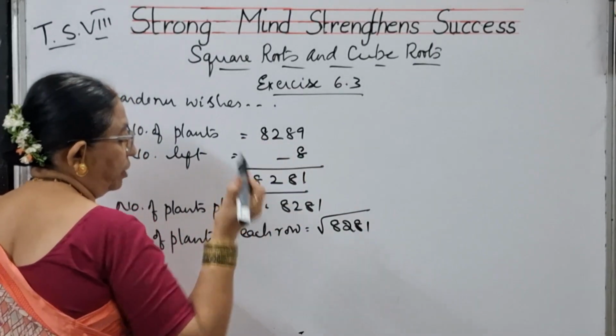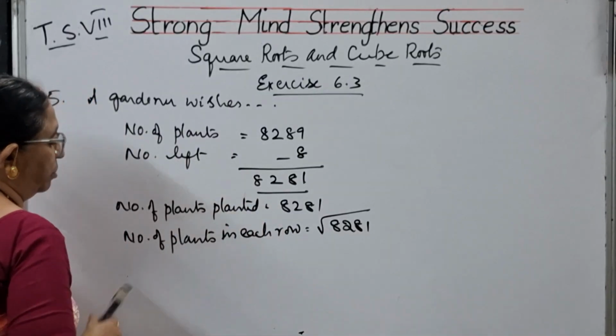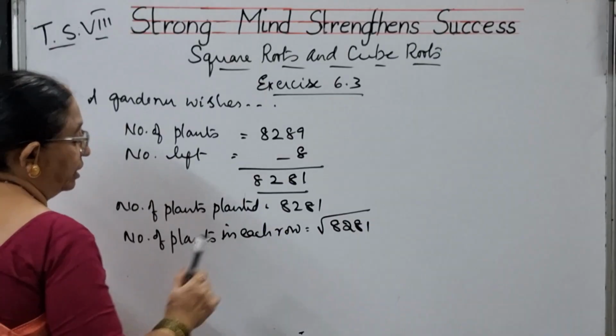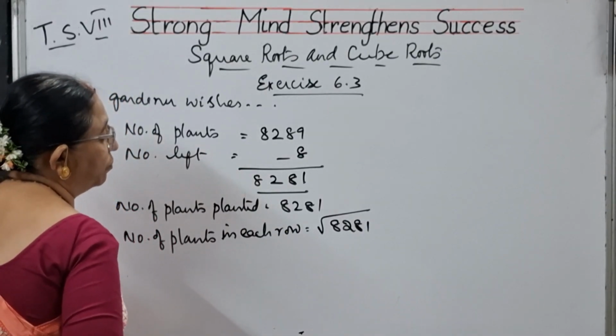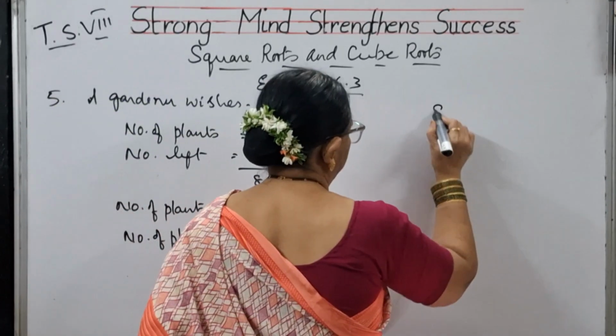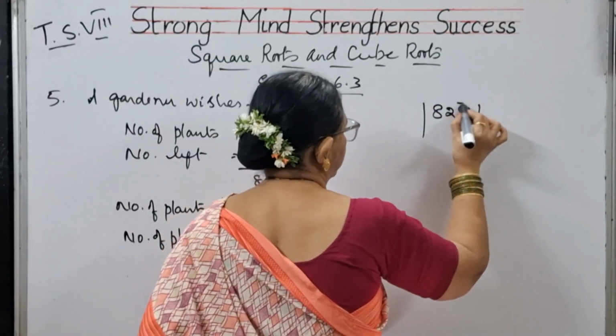That means if you remove 8 plants, whatever number you have got is a perfect square number. So the total number of plants planted is 8,281, and the number of plants in each row is nothing but root of 8,281. So take 8,281 and find the square root.